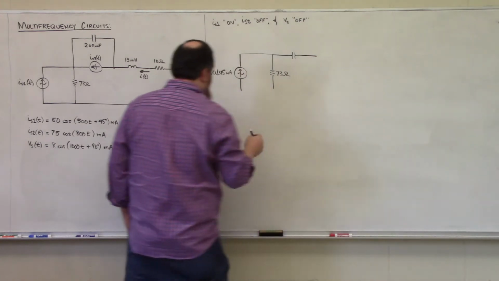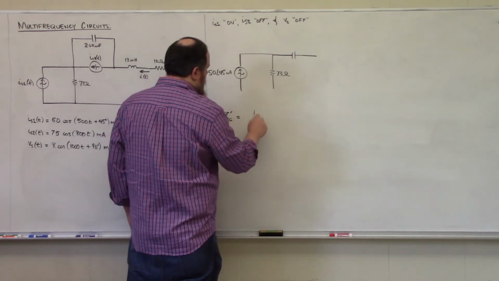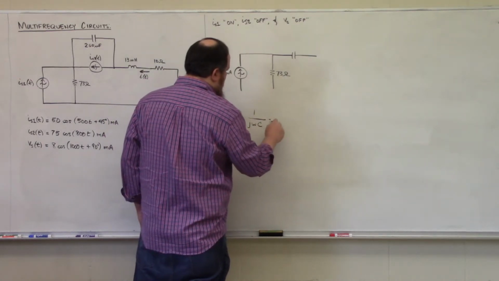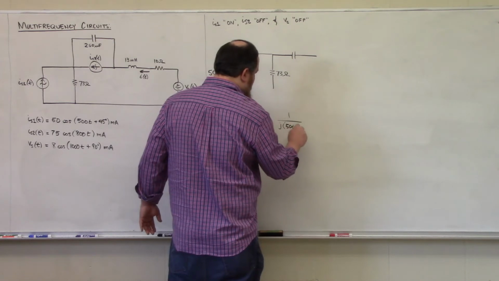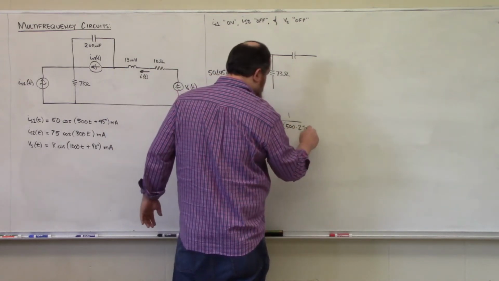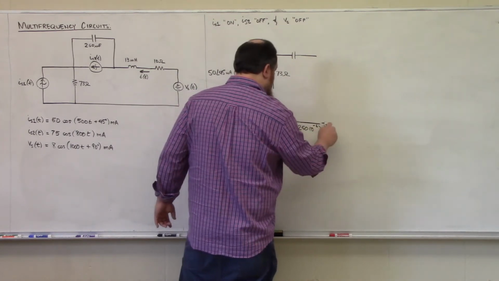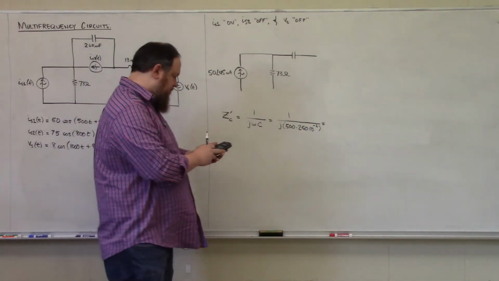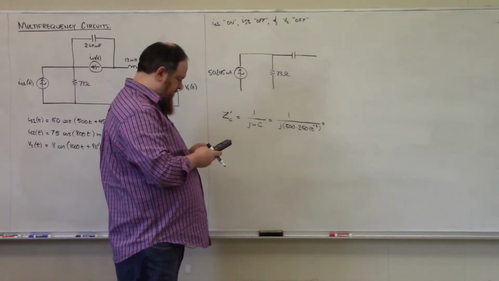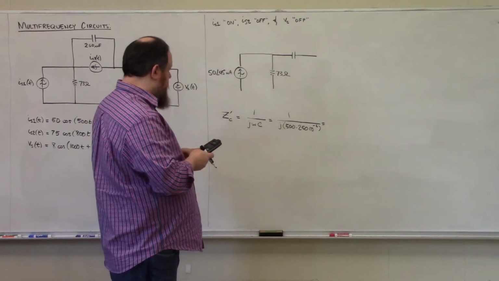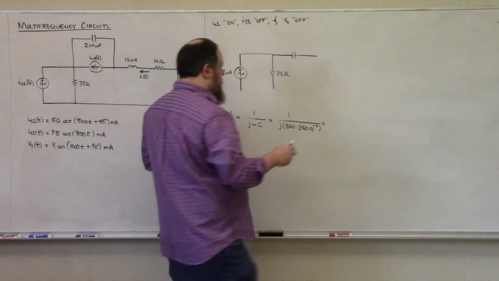Where the impedance of our capacitor, ZC prime, is going to be 1 over j omega C. So that's 1 over j times 500 times 250 times 10 to the minus 6. So that gives me minus j8.